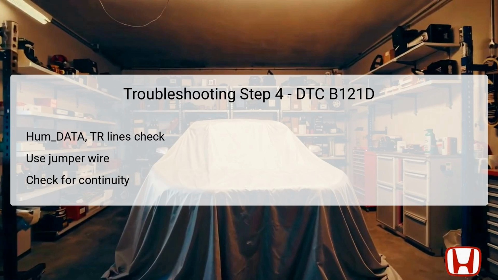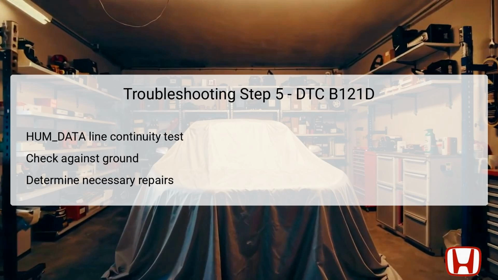After securing the jumper wire, continuity must be checked between climate control unit connector number 22, whale, and number 23, LT blue. If continuity is confirmed, this indicates that the data lines are functional, allowing for progression to step 5. Should continuity be absent, investigating potential wiring issues in the hum data and TR lines will be necessary.